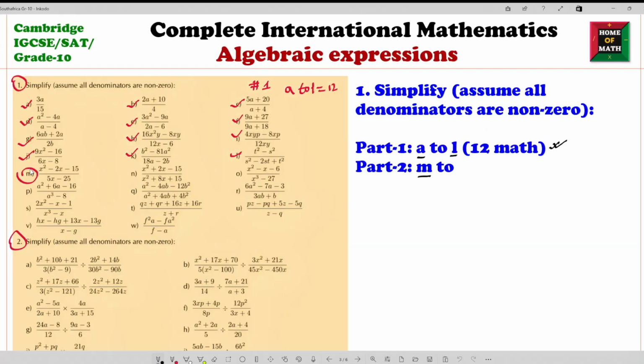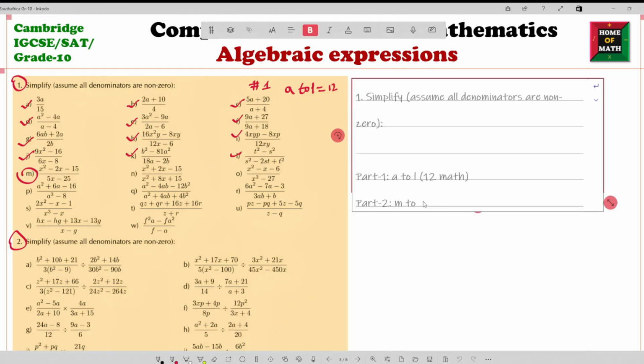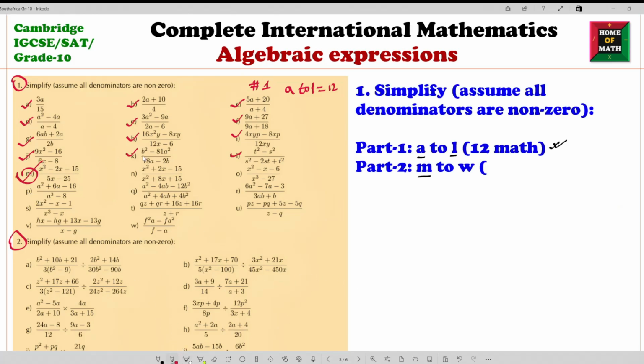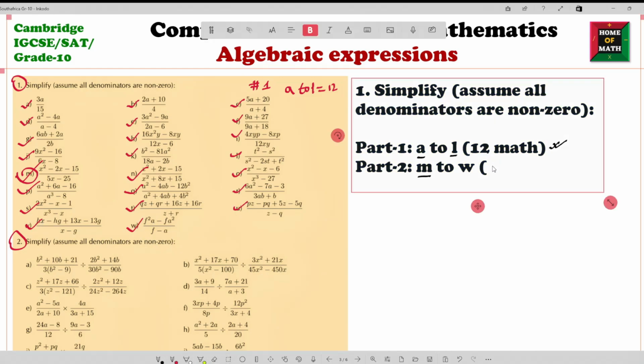Now look, in this part we started from M and we completed W. Therefore how many math did we solve? 1, 2, 3, 4, 5, 6, 7, 8, 9, 10 and 11. So 11 math we solved in this part.